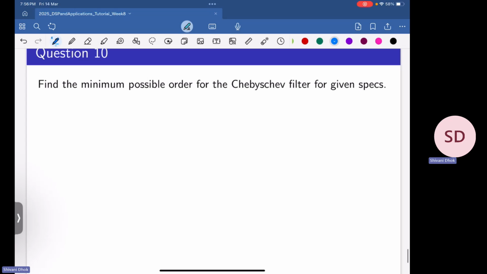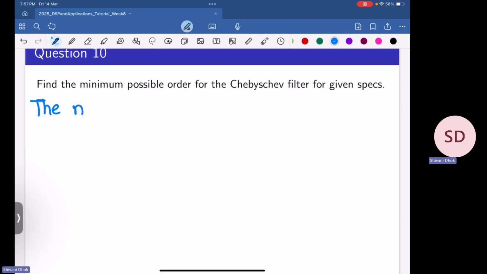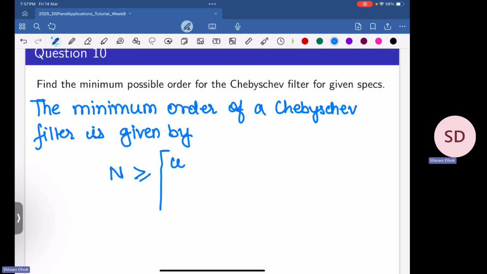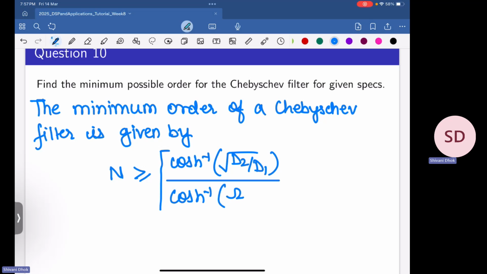Okay, so the minimum order of a Chebyshev filter is given by n greater than or equal to cosh inverse under root of d2 by d1, divided by cosh inverse omega_ls by omega_lp.